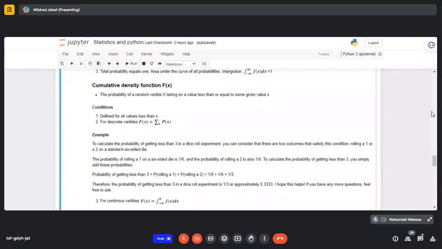Sorry, right? Okay. Yes. Since the probability of getting a 3 is 1/6, and the probability of getting a 6 is also 1/6, I need to add all of them. That's where the cumulative density function comes in. I'm adding for the ones that I want.